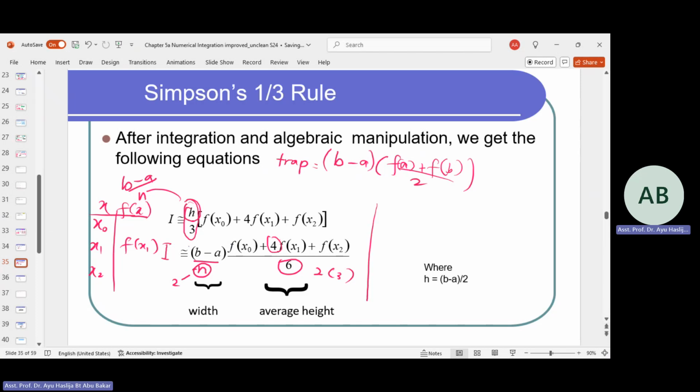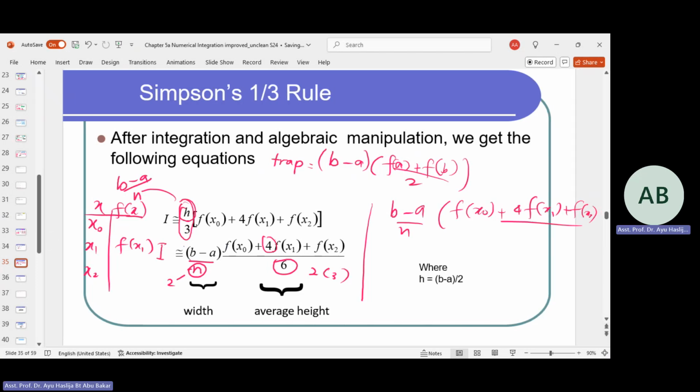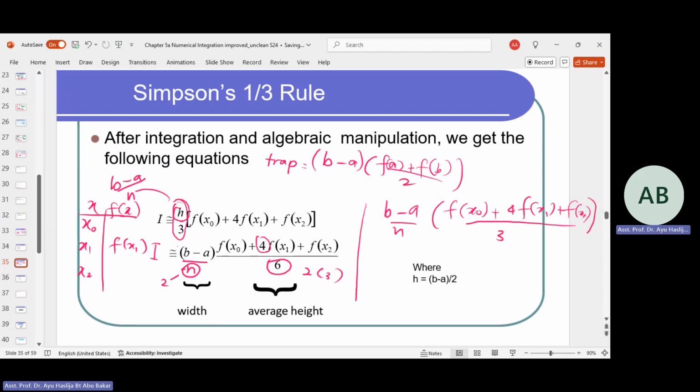Wait, I do it again. B minus a over n, fx naught plus this one, over 3. This is for the 1/3 rule. So for the 1/3 rule, we know that the minimum n for single application is equal to 2.